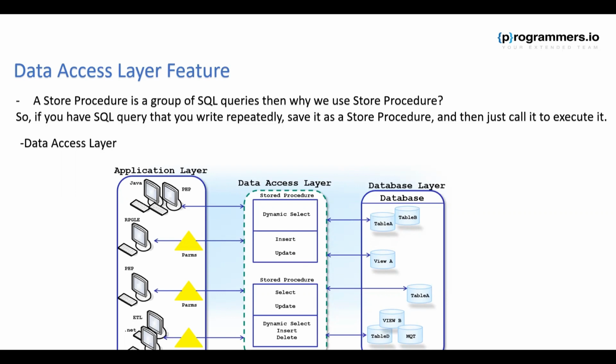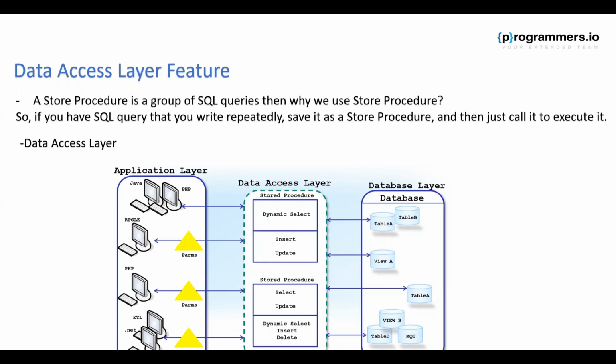Now we will not use embedded SQL in the application layer, in the Java program. We will come with a new concept, the stored procedure. We will use a stored procedure to communicate between the AS400 database and the Java application, or the PHP application.